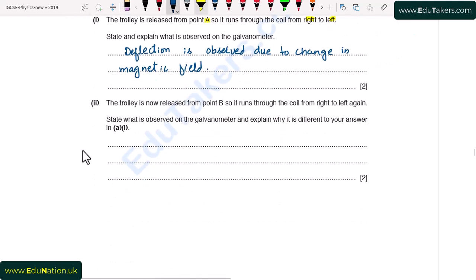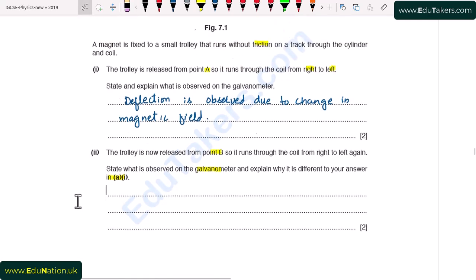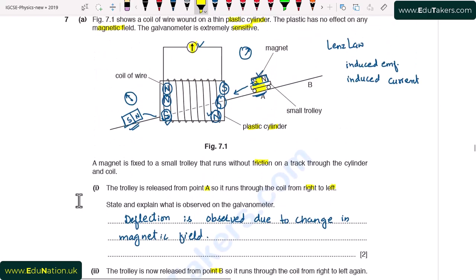Part 2. The trolley is now released from point B, so it runs through the coil from right to left again. Show what is observed on the galvanometer and explain why it is different to your answer given in part A. So here, when this trolley is released from point B, it is moving towards the coil, and everything remains the same except that it accelerates as it moves towards the coil.